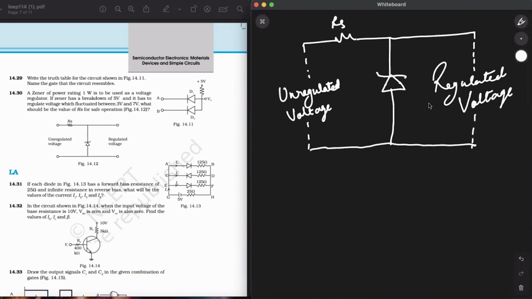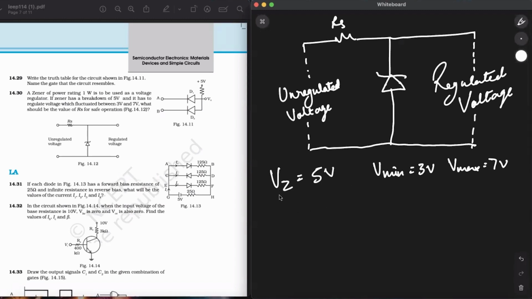Nice. So according to the problem, the power is equal to 1 watt. Zener breakdown voltage VZ is equal to 5 volt. V minimum is equal to 3 volt and V max is equal to 7 volt. Now power is equal to VI, we already know.